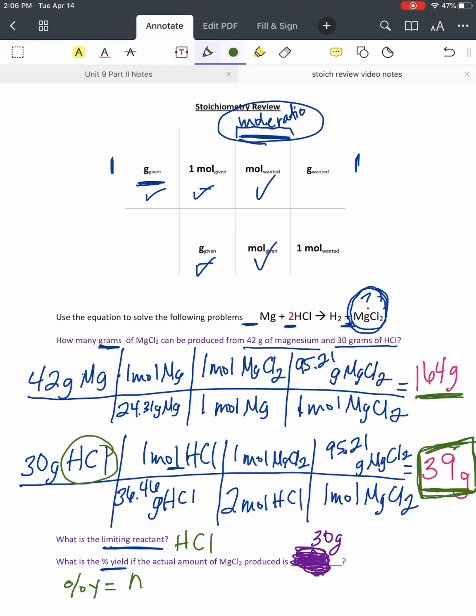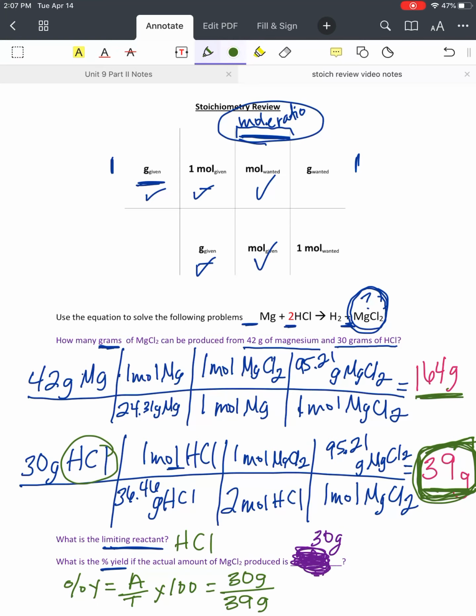It says percent yield. So percent yield is just my actual amount over my theoretical, right? Which is what the math told me I get, which is what I calculated I could get. This is my theoretical value here, the 39. And then we have to multiply it by 100 because we want percent. So what was my actual? I said in the lab I produced 30 grams. My theoretical should have been 39.